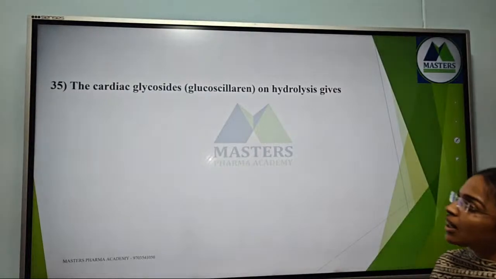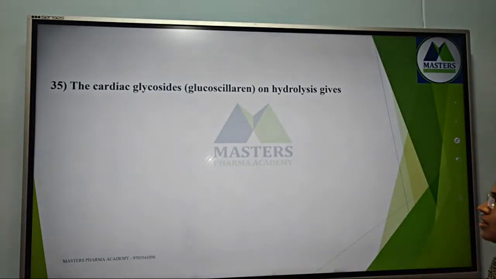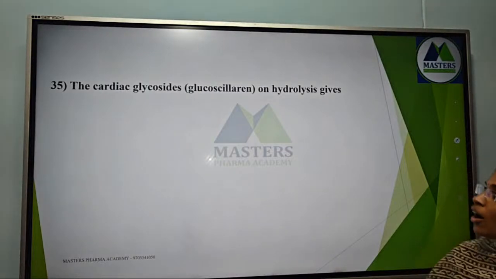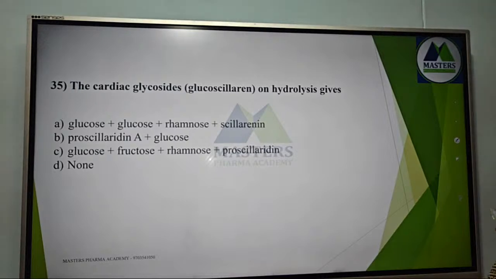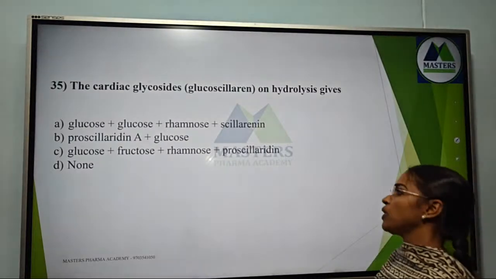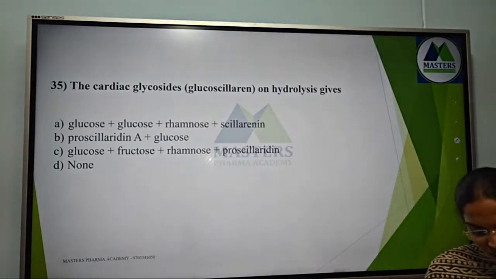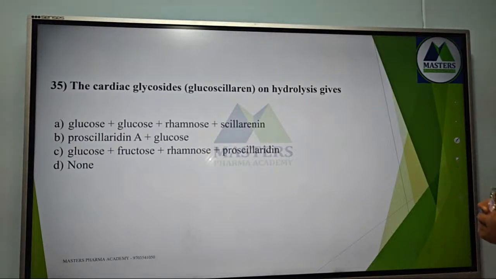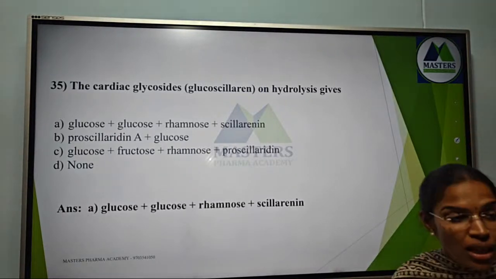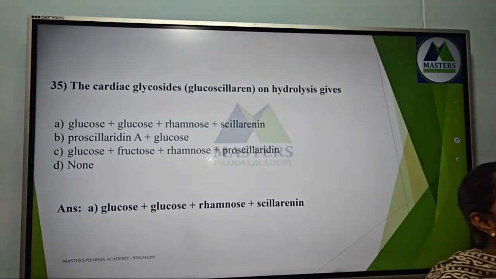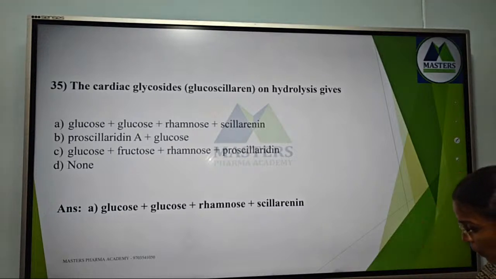Okay. The cardiac glycosides of glucoscillaren on hydrolysis give: glucose, rhamnose and scillaren; or proscillaridin plus glucose plus fructose plus rhamnose; or none. The right answer is glucose, rhamnose and scillaren.